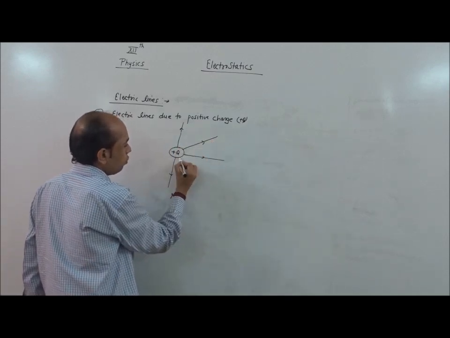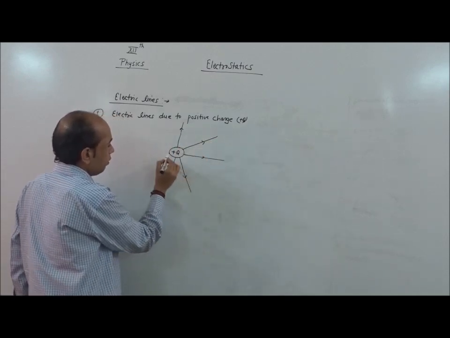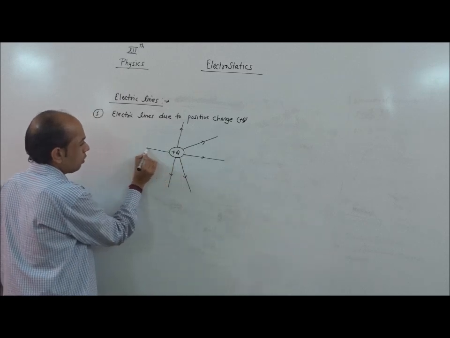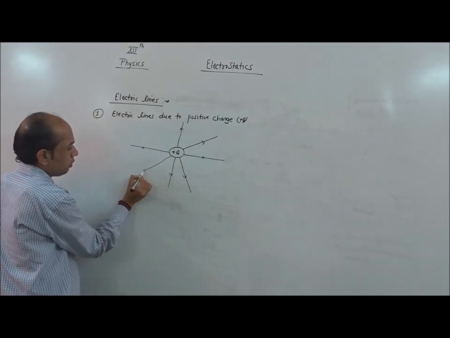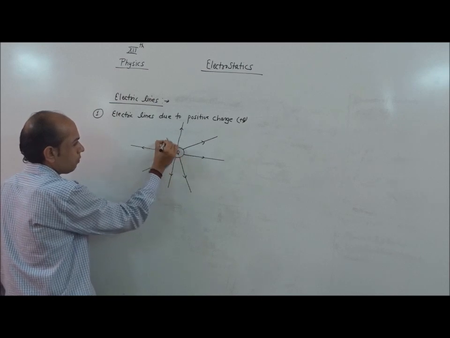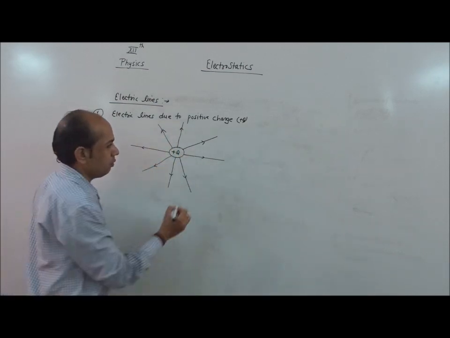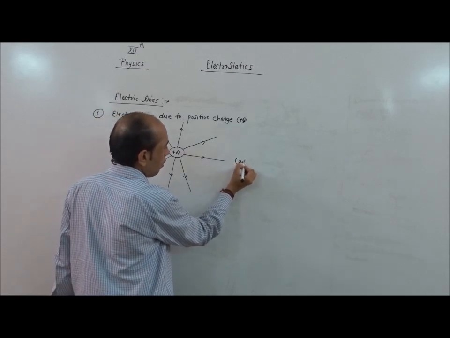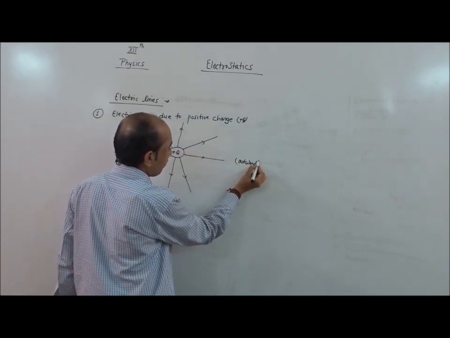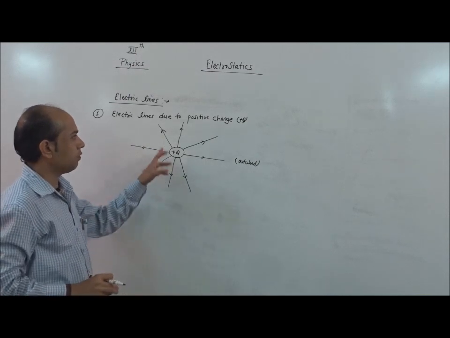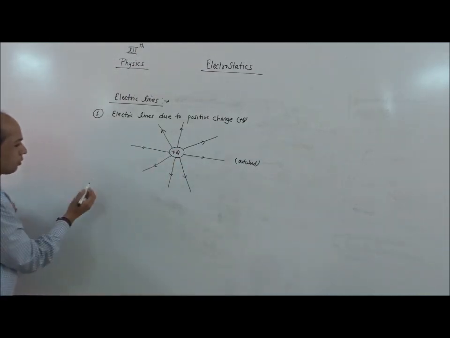As I already told you, it is an imaginary line. So we have to keep in mind always, for positive charge, lines are always outward. So this is the pattern of electric lines for positive Q charge.